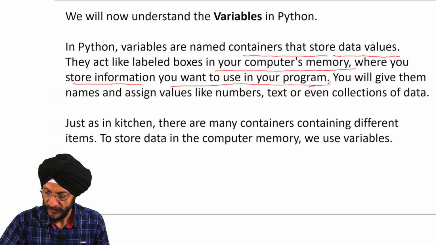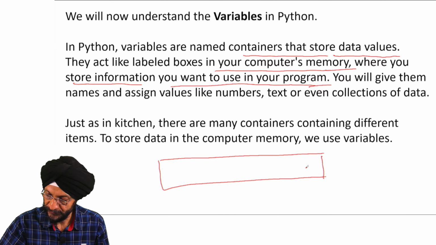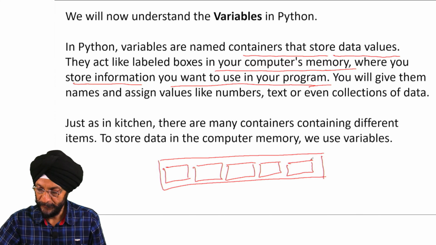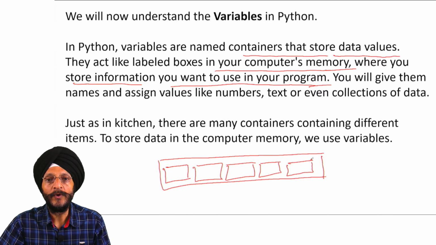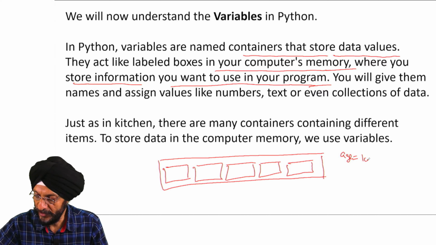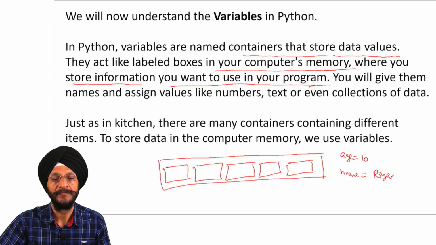What does it mean? If we presume that this is the memory of the computer system where there are different compartments, and now we have to create variables. It means, say, age is 10, name is Ria.